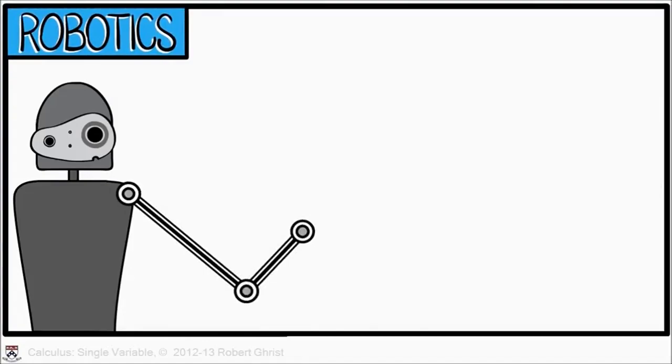We can try to measure all of the different joint angles, let's say. Each of these mechanical degrees of freedom leads to an extra dimension in the robot's configuration space.